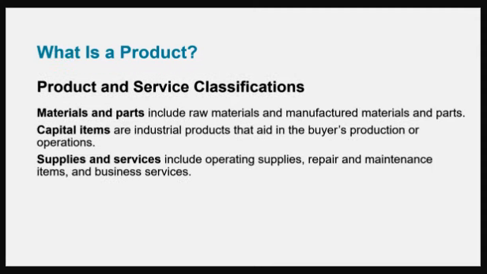Three groups of industrial products are like this. Raw materials consist of farm products and natural products. Manufactured materials consist of component materials sold directly to industrial users.